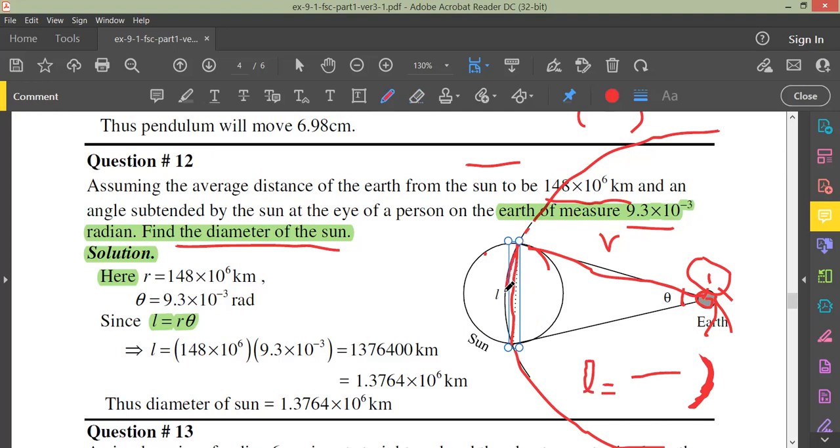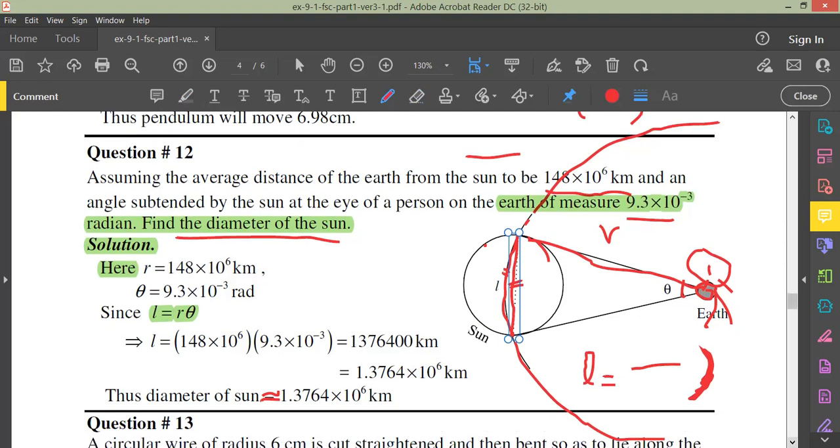L is a chord, so there will be a small difference in the length of these two lines. This is a line, but this is a chord. So this is our approximation. We can also write it as an approximation.